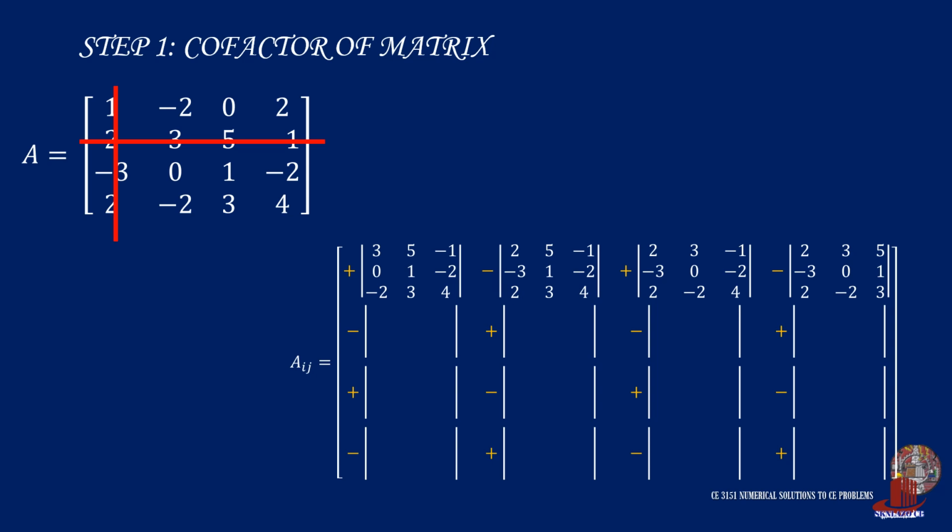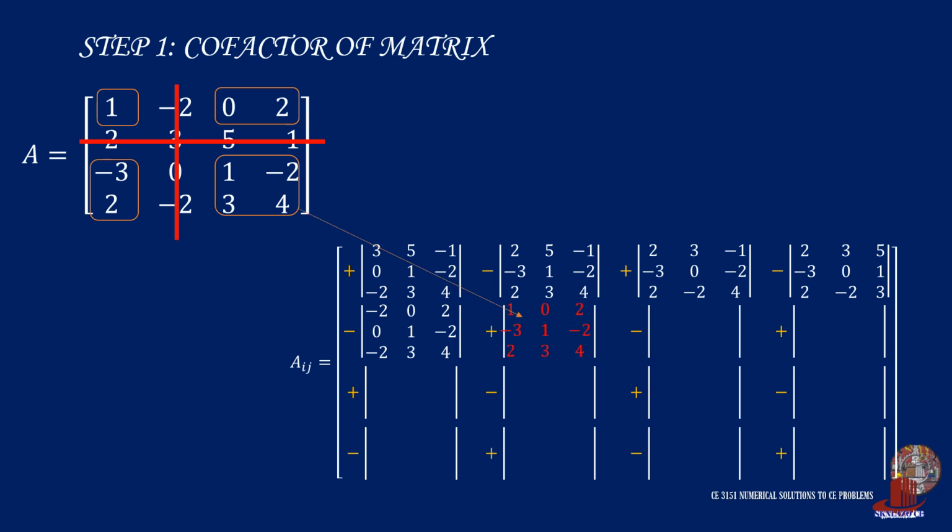So cover the second row and start with the first column. The remaining elements are -2, 0, and 2, then 0, 1, and -2, with -2, 3, and 4. Now covering the second column leaves the minors 1, 0, 2, -3, 1, -2, 2, 3, and 4.